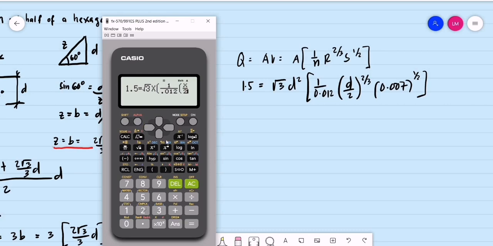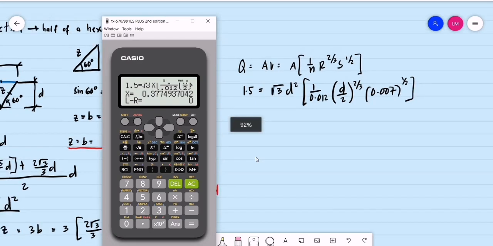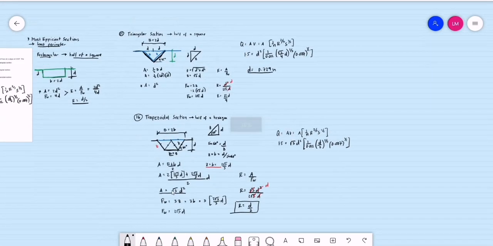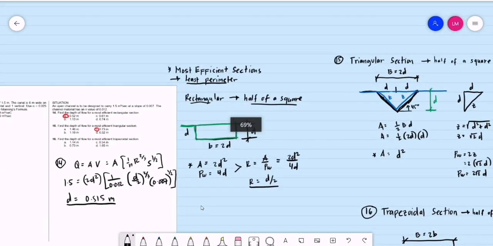On our calculator, that is alpha x over 2, raised to 2 over 3, then multiplied by the slope 0.007, raised to 1/2 or 0.5. Then we do shift solve. So we have 0.037749. If we check that value, do we have that value in our choices?